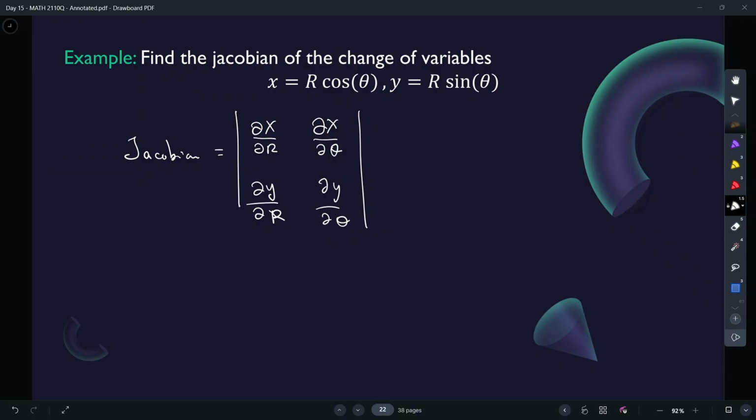What I have here are my x in terms of r and theta, and my y in terms of r and theta, and those are the functions I'm taking derivatives of.